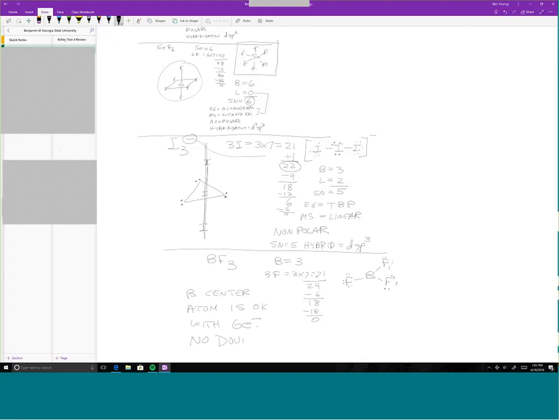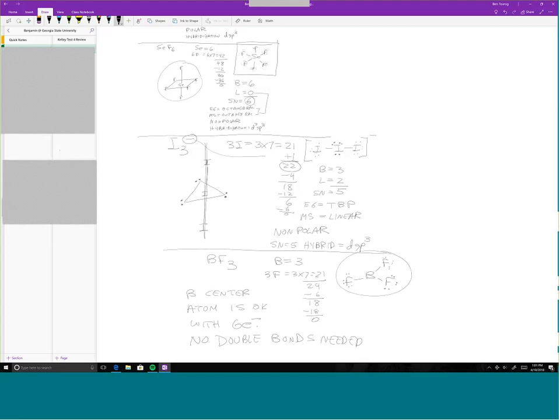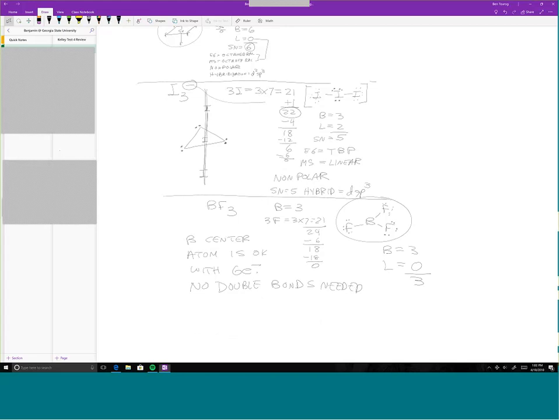My handwriting is terrible. No double bonds needed. Okay, so it's a pretty simple situation. Our bonding is going to be 3. Our lone pair on the boron is 0, so it's going to be 3. So we've seen this before. The electronic geometry will be trigonal planar.